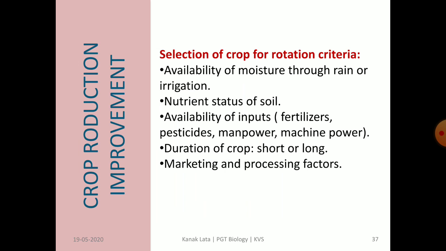These are required during agricultural practices. Next one is about duration of crops. Crops may be short or long duration. Last one is about marketing and processing factor. This is very important. This should be ready.